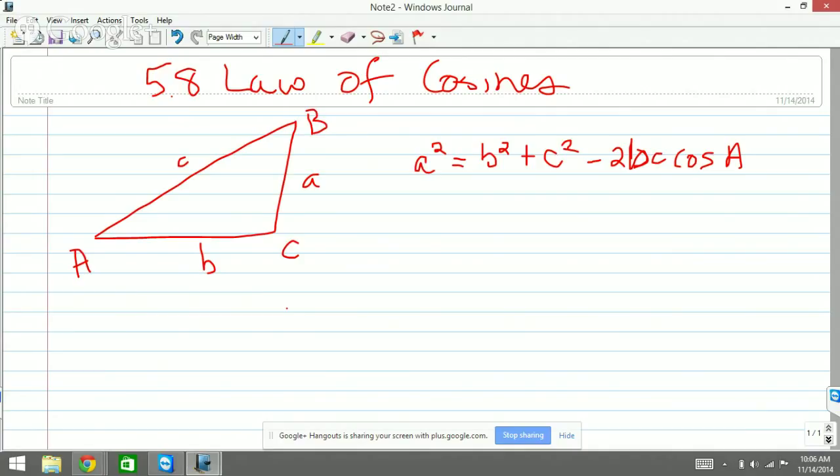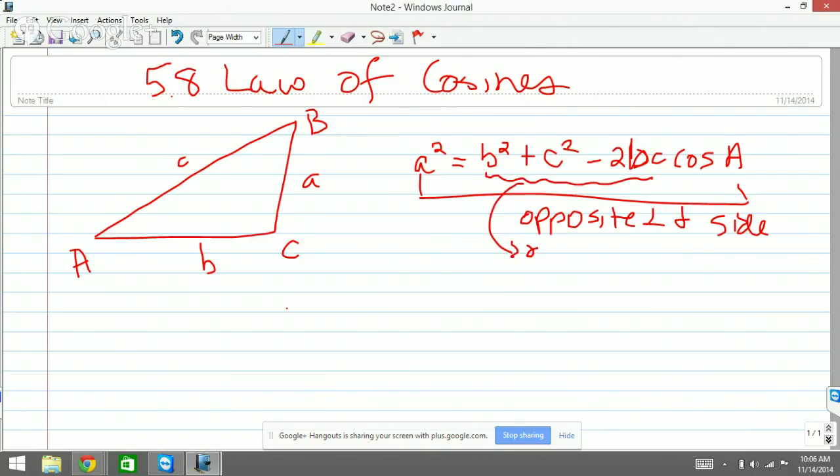So if you look in your book, it actually has 3 versions of this. Feel free to write them all down, but what I would coach you to look at: if it's a squared, it's cosine A. If it's b squared, it's cosine b. So you can build the formula based on just having one of them with the opposite angle and side, and then these here are the other sides.